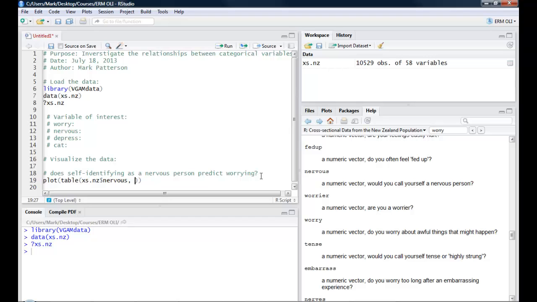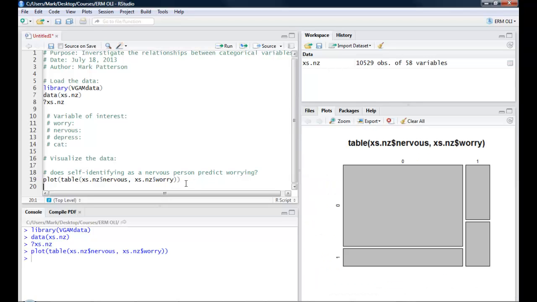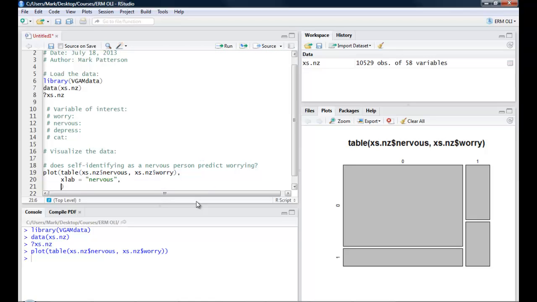So here I'm going to list it first and then a comma, and then the variable that I'm going to use on the y-axis, which is called worry. So here, when I go ahead and plot this, this is a little bit difficult to read without axis labels, which I really should add. xlab equals nervous, and the y label is worry.